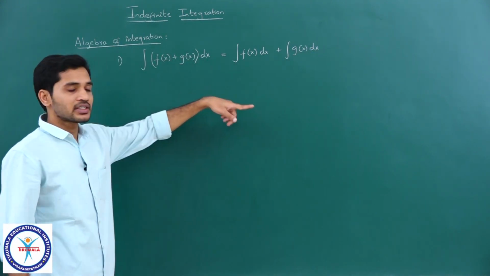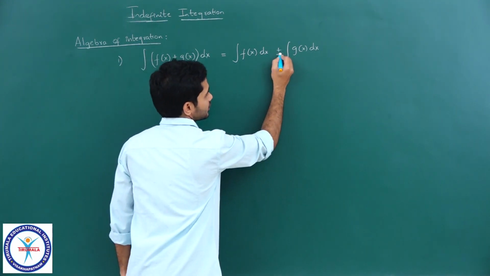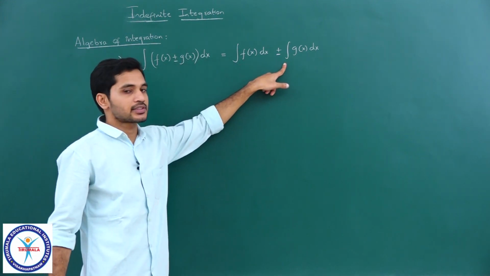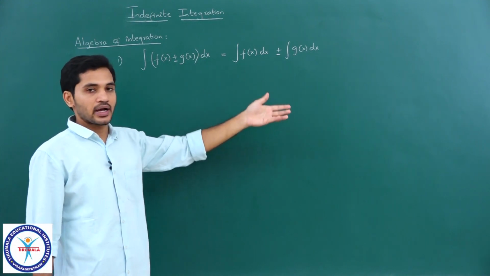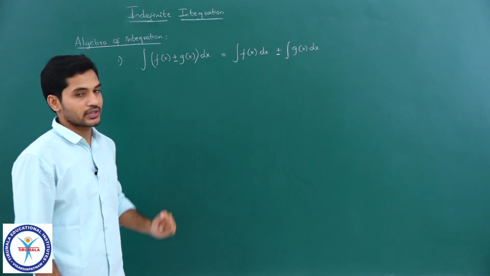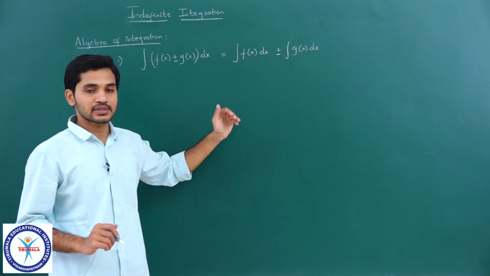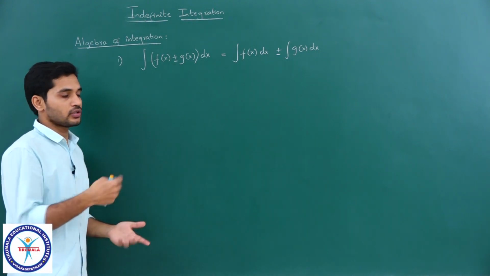Whatever I have written here is applicable for both sum as well as difference. Even if there is minus, you can use minus. So, just perform the integration of the individual quantities and then you add or subtract them according to what is given to you, clear. But remember, this can be done only for plus or minus, clear, not for product and division, you will learn that.